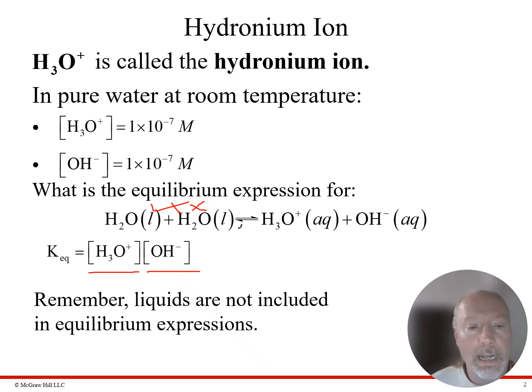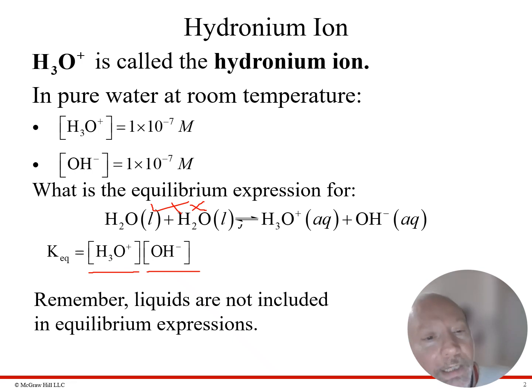So remember, liquids are not included in the equilibrium expression. Water is just too voluminous. There's too much water to put that into the reactant, which would be in the denominator. It would be a gigantic number, and it would be almost zero. We'd have no useful information from that. So we ignore this in writing the equilibrium constant here.